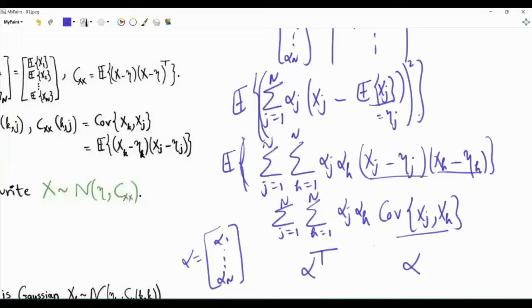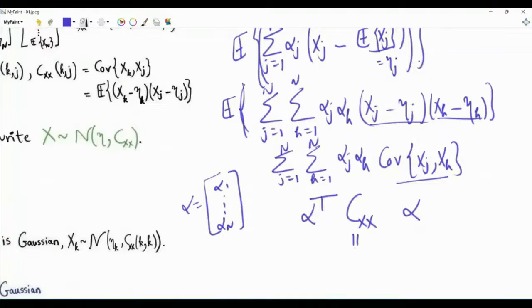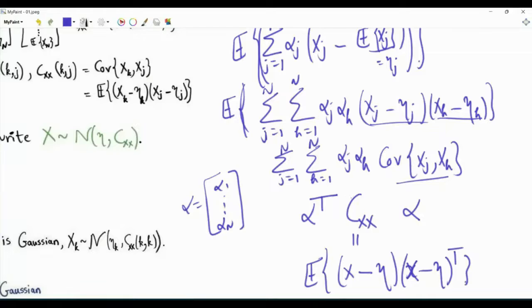And then we have alpha here, and in between we will have Cxx, the covariance matrix of random vector x, which by definition is the expectation of x minus eta, where eta is the vector of the first moments, times x minus eta transpose. And element jk in this matrix is simply the covariance between random variable xj and random variable xk.